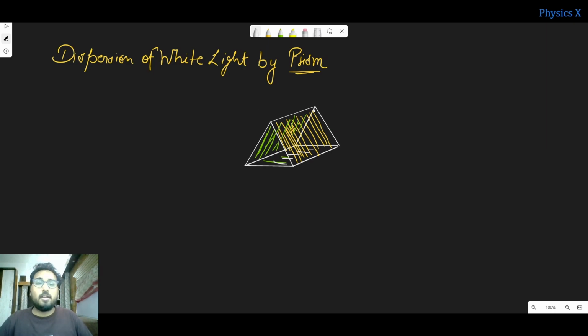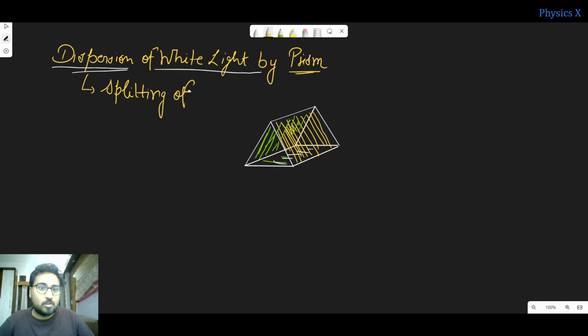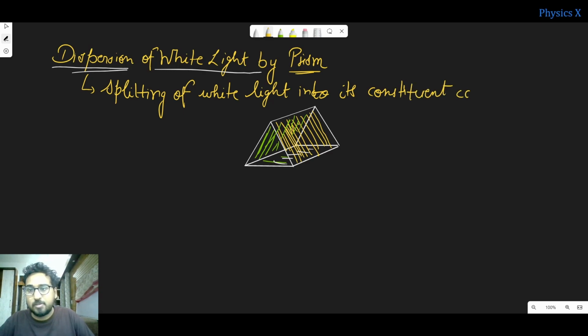The case we are taking is dispersion of white light by a prism. Dispersion means splitting of white light into its constituent colors.